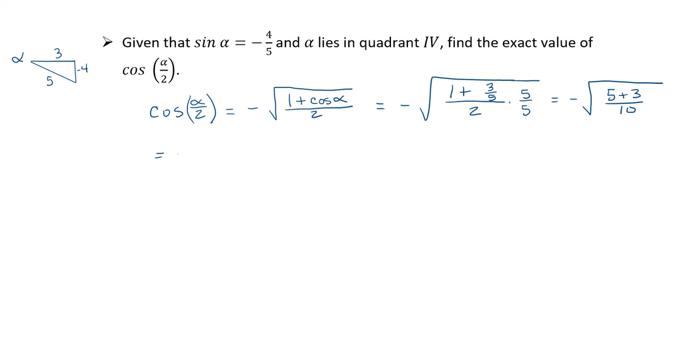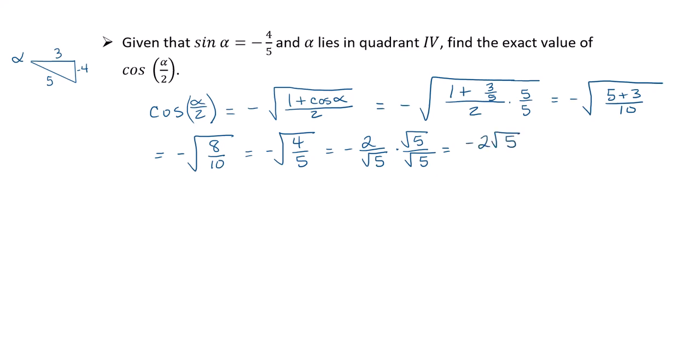Now I have a negative square root of 8 over 10, which is negative square root of 4 over 5, and that is a negative 2 over square root of 5. And if we need a rationalized denominator, we can go ahead and multiply by the square root of 5 over the square root of 5. That'll give us negative 2 square roots of 5 over 5.